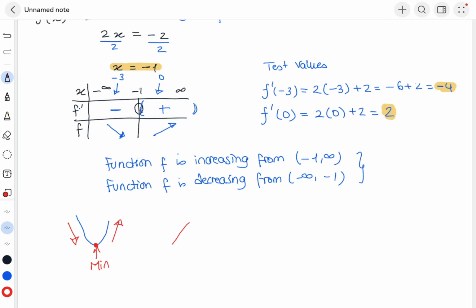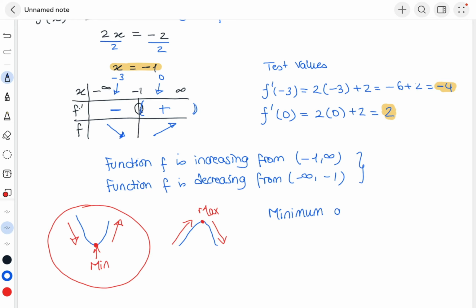But whenever our function increases and then decreases, we'll be left with a maximum. In that case, we were left with a minimum at x equal to negative 1.